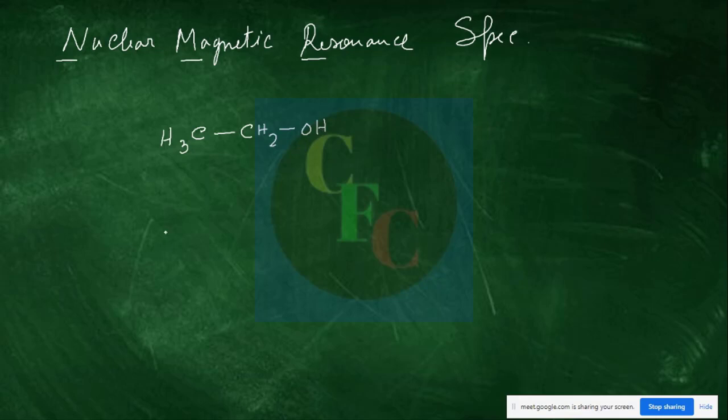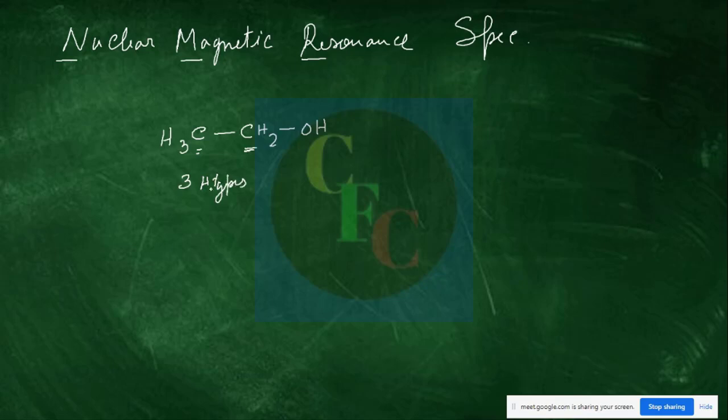For example, in this ethyl alcohol, how many types of carbon do we have? We have two types of carbon. This carbon has 3 hydrogens and 1 carbon attached to it, whereas this carbon has 1 carbon attached to it, 1 oxygen attached to it, and 2 hydrogens. So there are 2 types of carbon. Similarly, there are 3 types of hydrogen.